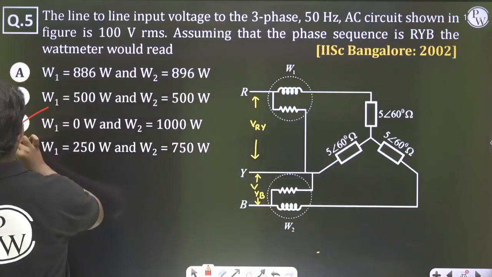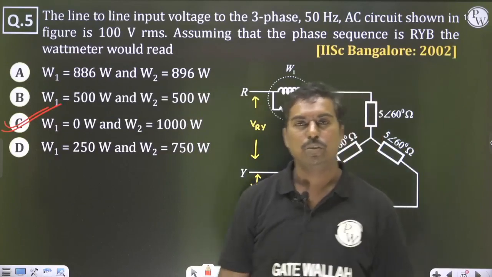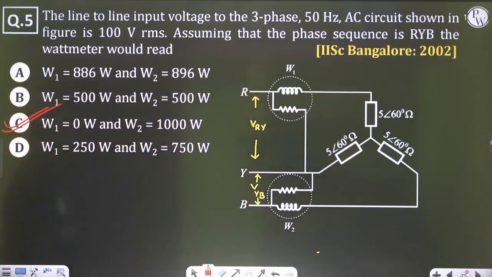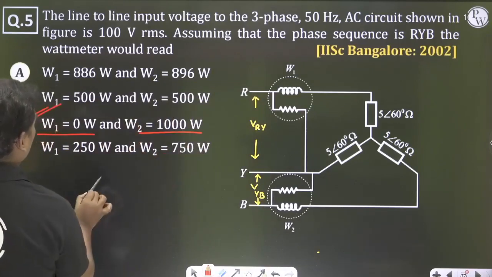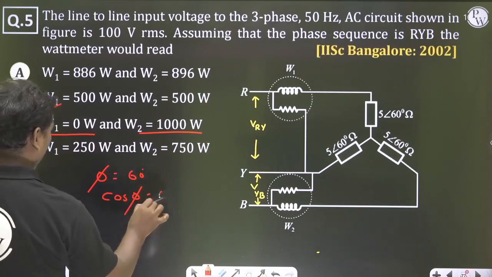Option C is a very good qualitative question. Option C: one of the wattmeter readings is equal to 0, because the power factor is cos 60, which is 0.5.